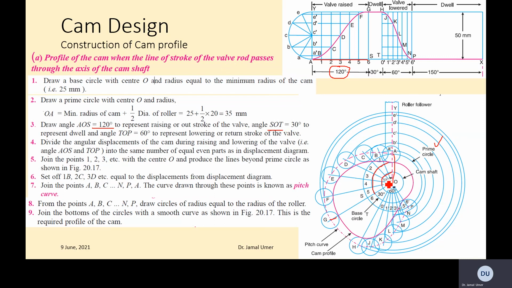So you mark all these 120, 30, and then 60. Divide the angular displacement of the cam during raising and lowering of the valve into the same number of equal parts as the displacement diagram. So this displacement diagram was in 6 parts, so you divide into 6 parts. So that's why you mark 1, 2, 3, 4, and then 0', 1', 2', which are like this one, the return one.